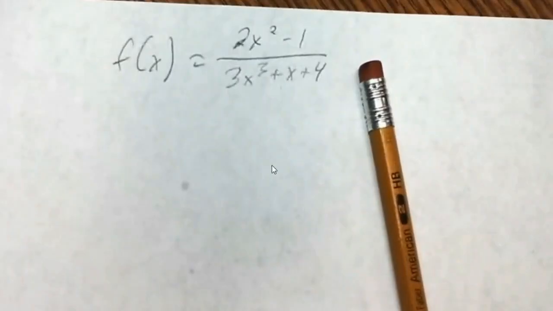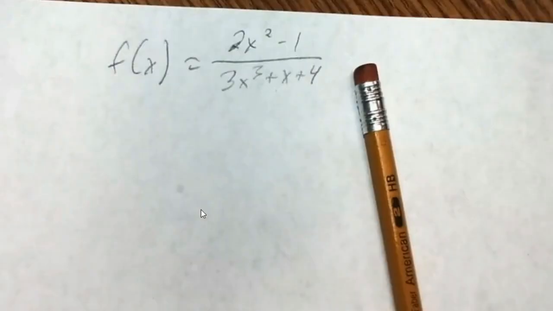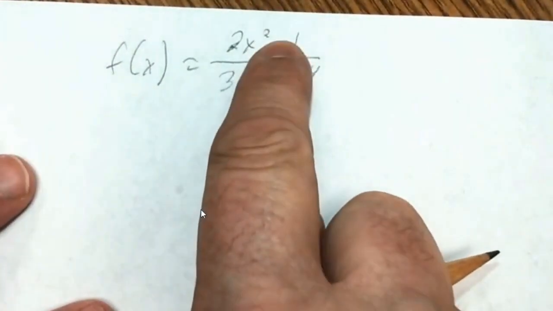So when we talk about that, we're talking about something a little fancier than we generally have dealt with. So P of x divided by Q of x, whatever those are. And this says where P of x and Q of x do not have any factors in common, and Q of x is not 0. See, that's the important part of this equation. If this is 0, we got a problem because we're dividing by 0.